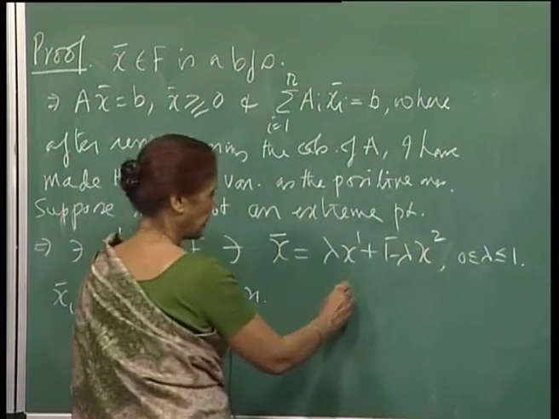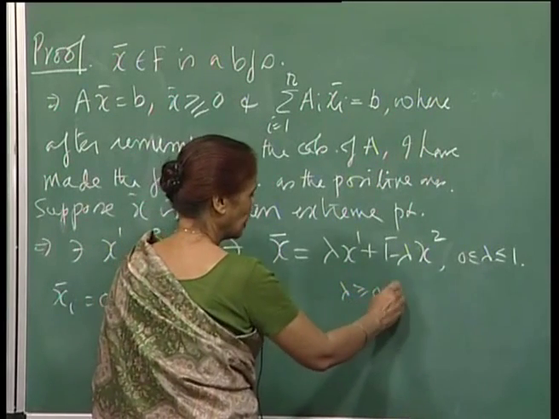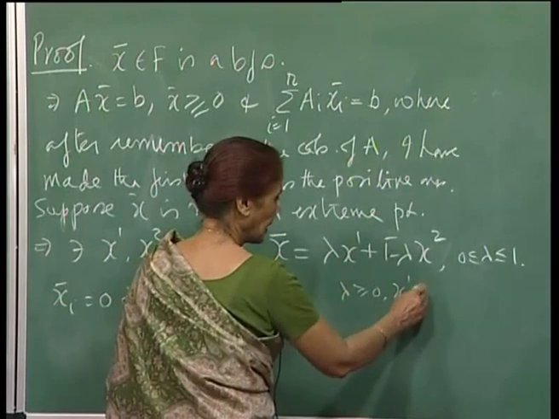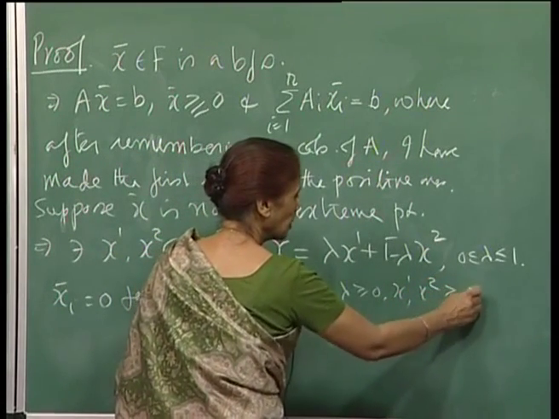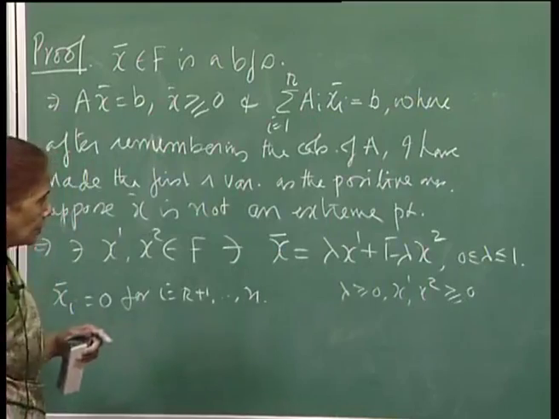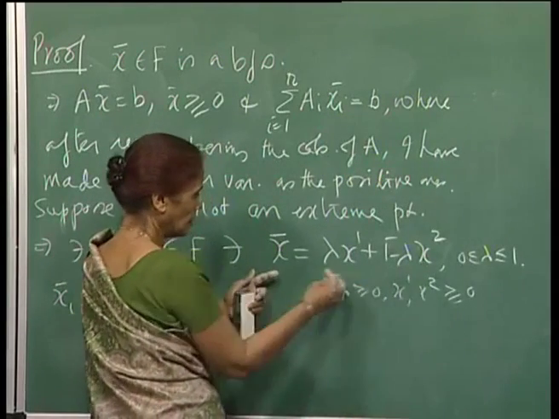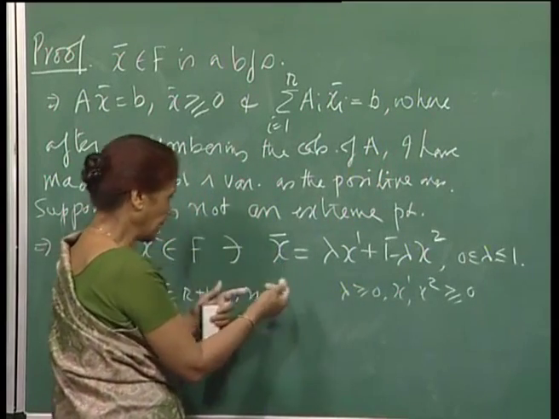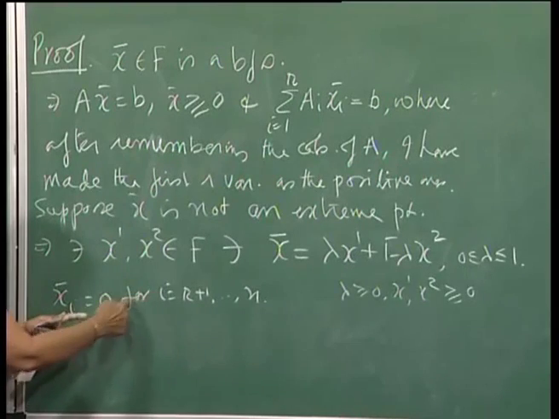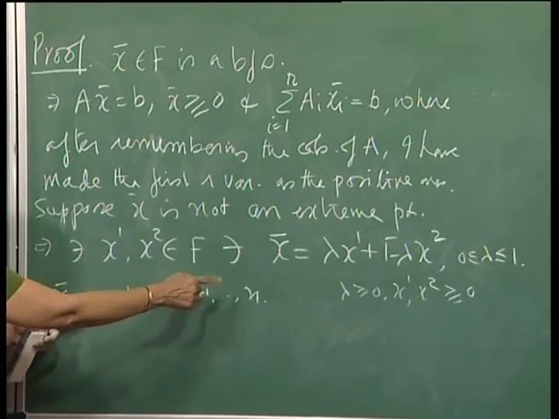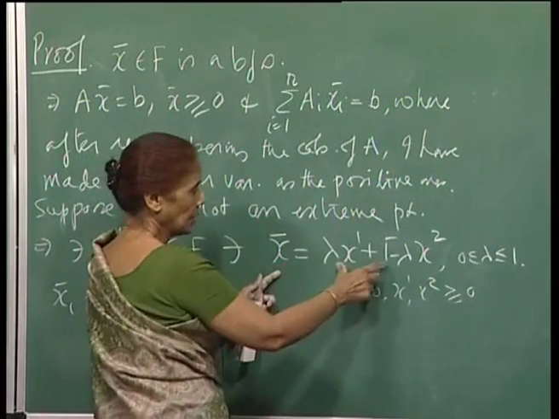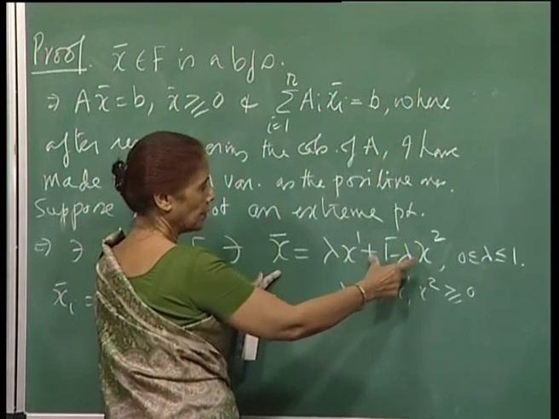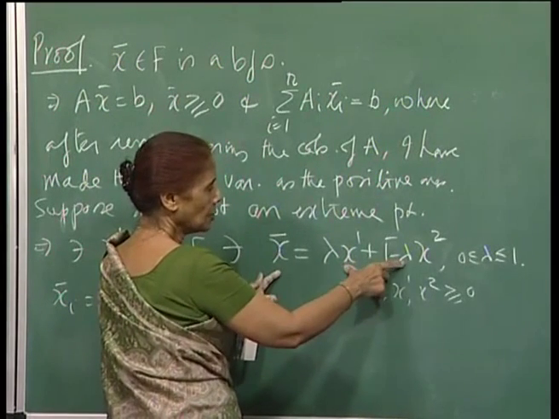Now, since lambda is greater than or equal to 0, x1 and x2 are also non-negative. What do you get from this equation? You see, this is 0 here for any component of x bar from r plus 1 to n. Because this is a component wise sum, here everything is non-negative.